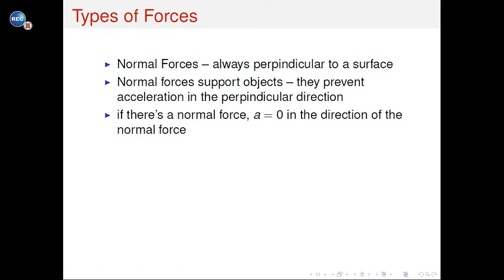When the elevator starts moving, it's accelerating, but you still feel a normal force in the elevator. And that's because the entire thing is accelerating. And we'll talk about how to deal with accelerating frames of reference. But for now, you can treat it as if you see a normal force, you don't expect the object to move relative to that surface.